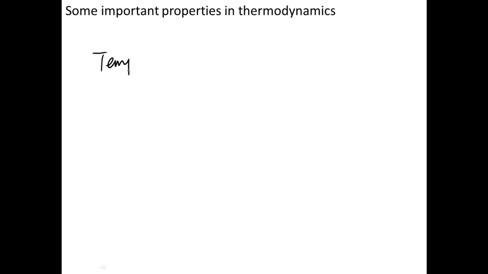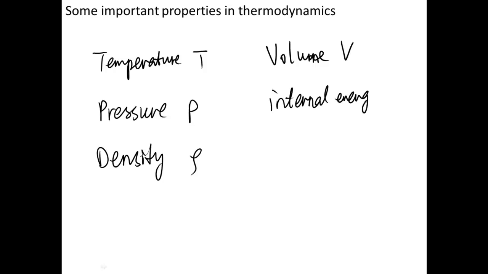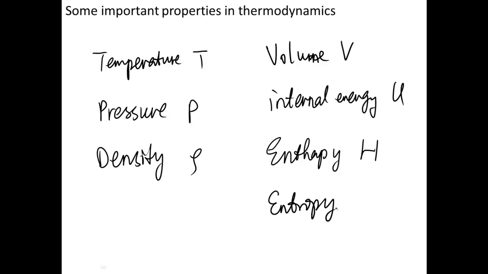So okay, now I want to list some important properties in thermodynamics. We have temperature T, pressure P, density ρ, volume V, internal energy U, enthalpy H, entropy S. And of course there are many other relevant properties such as free energy, and they will be introduced in certain topics later.